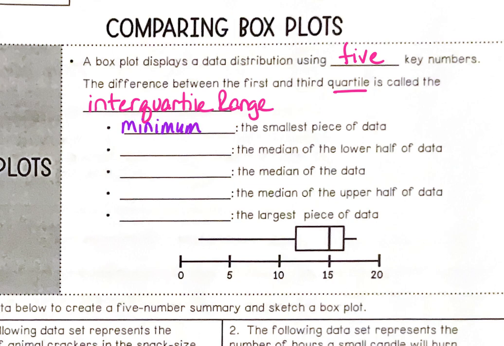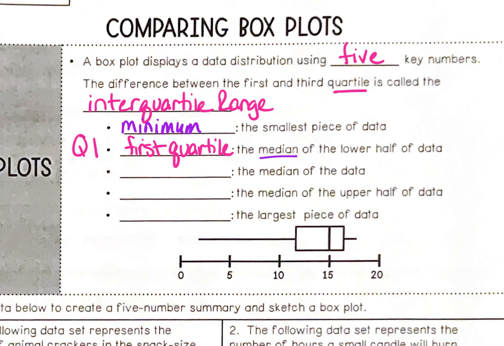We have the median of the lower half of the data, which we're going to call the first quartile. And sometimes you'll see this as Q1.